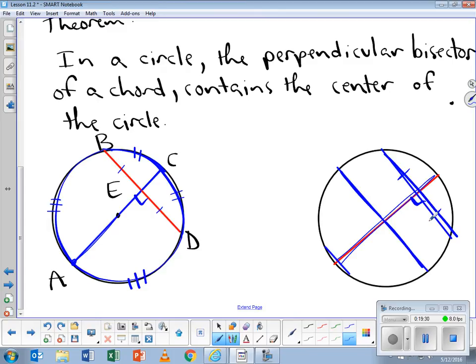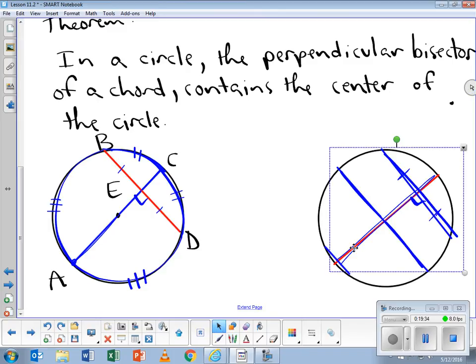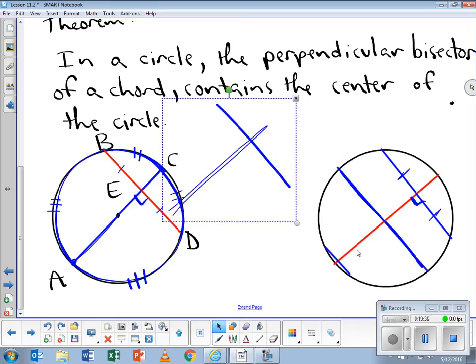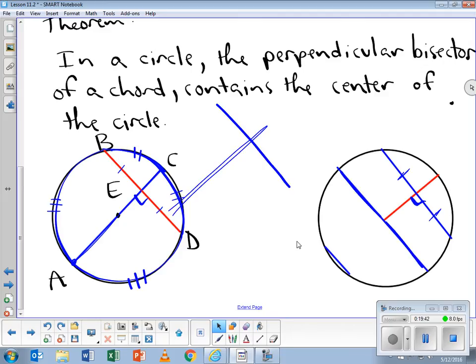And now it's not saying it has to be a diameter, because it's possible that it's not a diameter at all, it's just the radius. So all it's saying is that it has to be passing through the center. Okay?